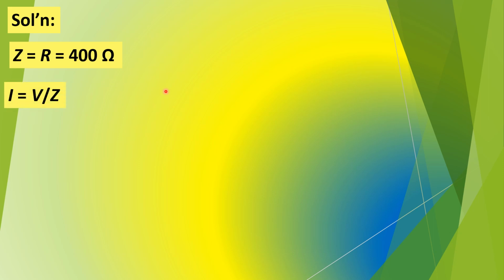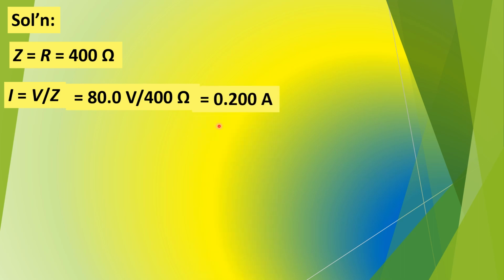So we can determine the current amplitude, capital I, which is just equal to the voltage amplitude, capital V, divided by the impedance, capital Z. In substituting, that's 80.0 volts divided by 400 ohms, for a value of 0.200 amperes as our current amplitude.